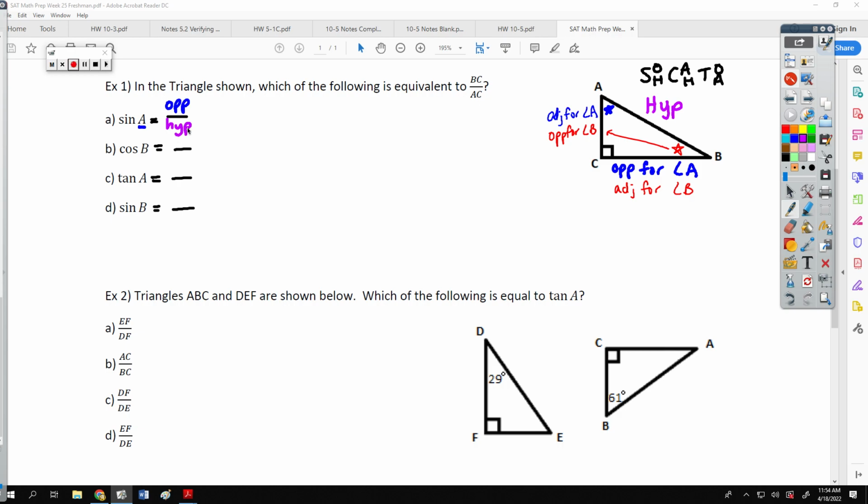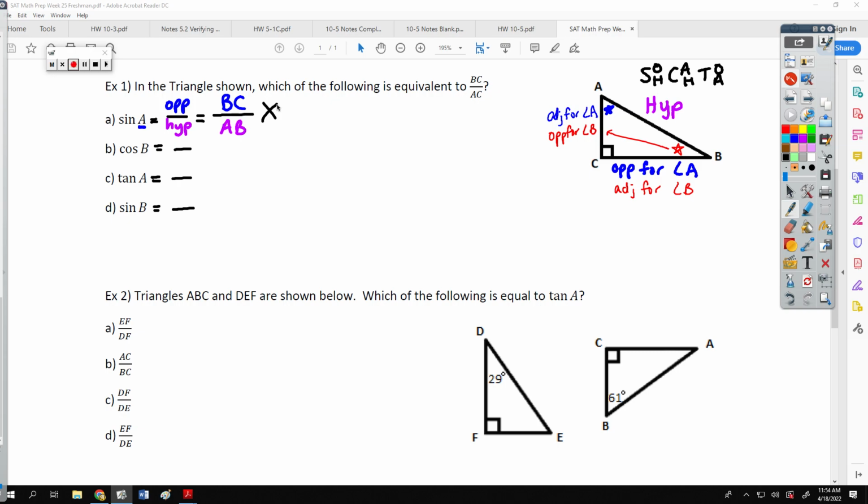So the blue opposite would be side BC, which is correct. That is what we're looking for. But the hypotenuse is AB, meaning that that is not the correct answer because the sine of A is BC over AB, and that doesn't match what we're trying to find in the problem.